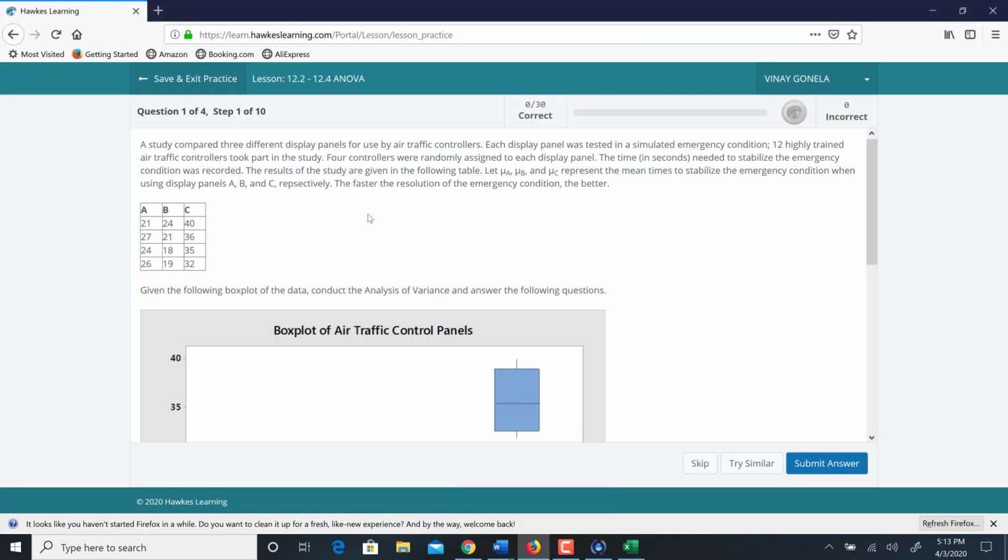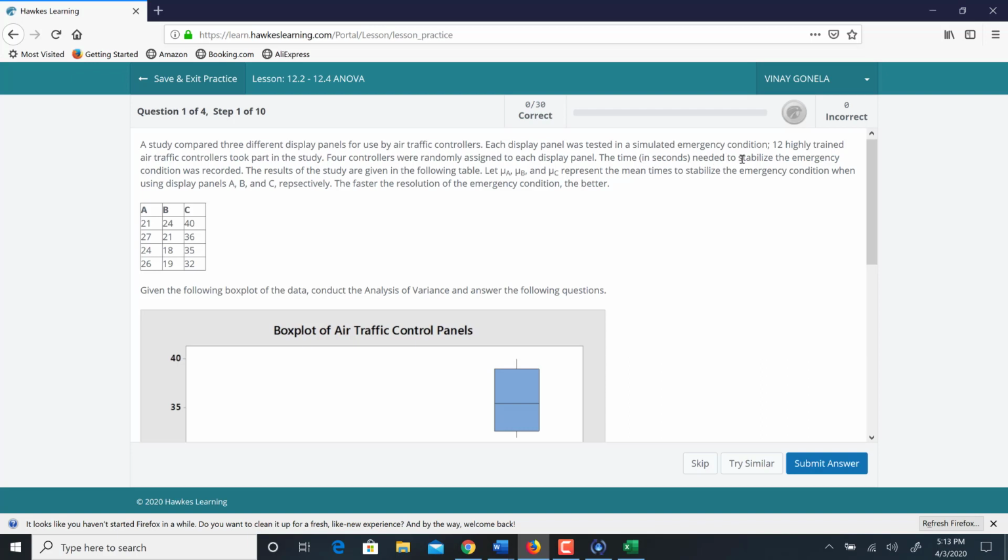The first thing is when the data is given like this: a study compared 3 different display panels for use by air traffic controllers. Each display panel was tested in a simulated emergency condition. 12 highly trained air traffic controllers took part in the study. 4 controllers were randomly assigned to each display panel.